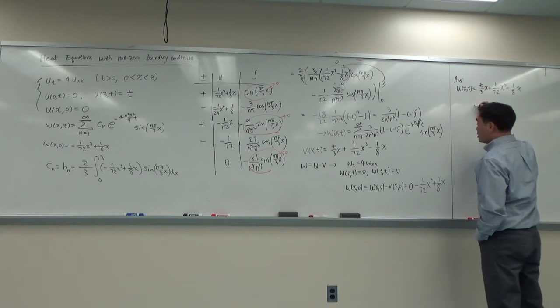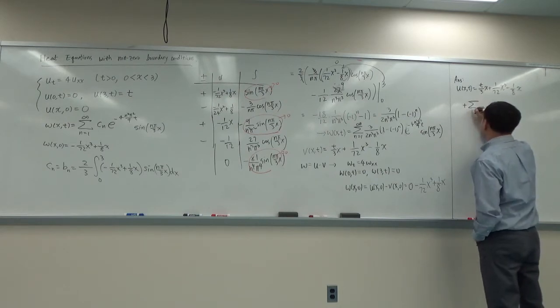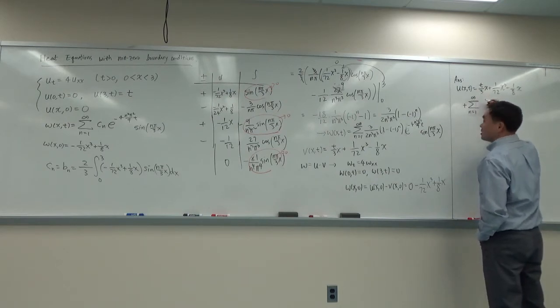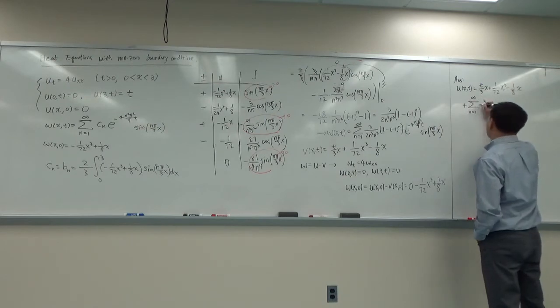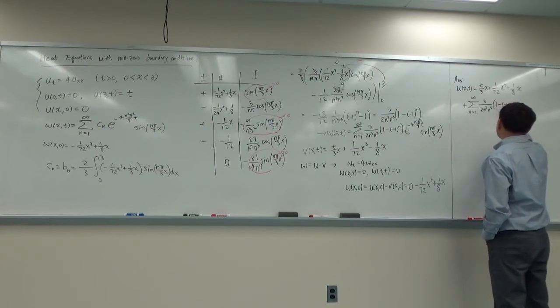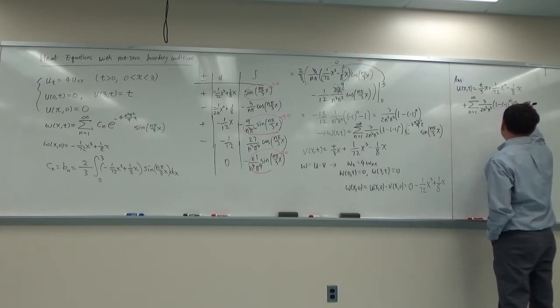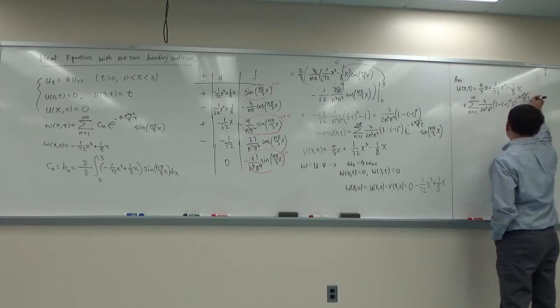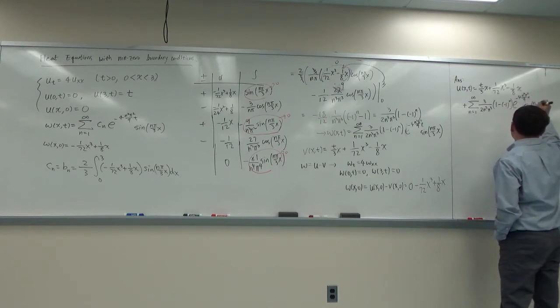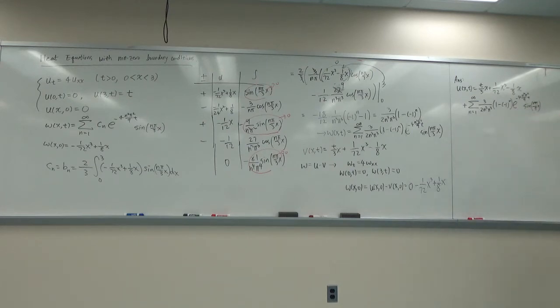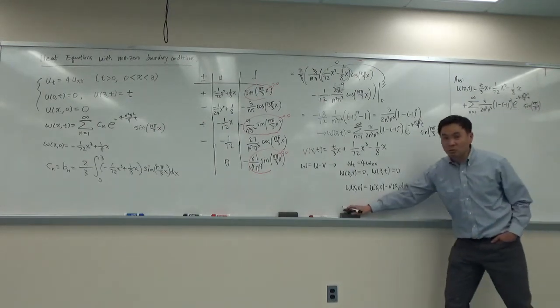Okay, and then plus the summation n equals 1 through infinity of 3 over 2 n cubed pi cubed, 1 minus negative 1 to the nth power, e to the negative 4 times n squared pi squared over 9 t sine n pi over 3 x. I guess I need to write this better.